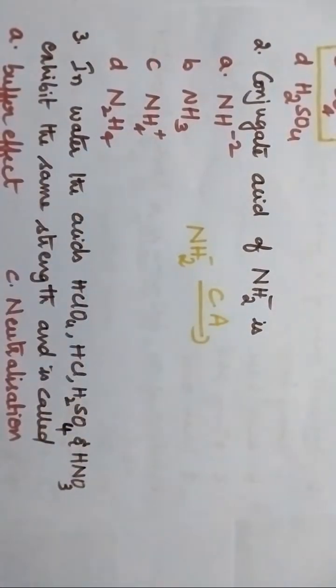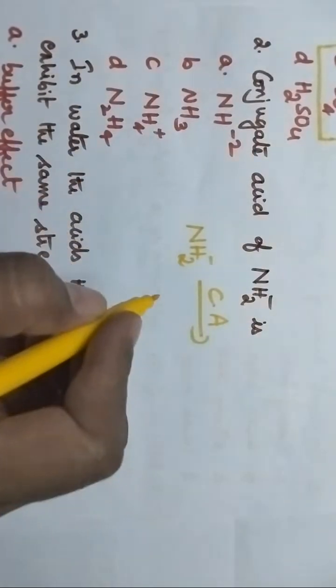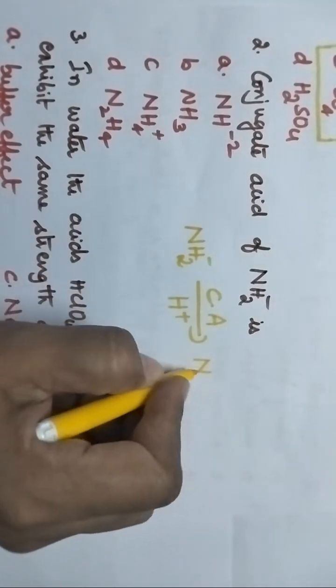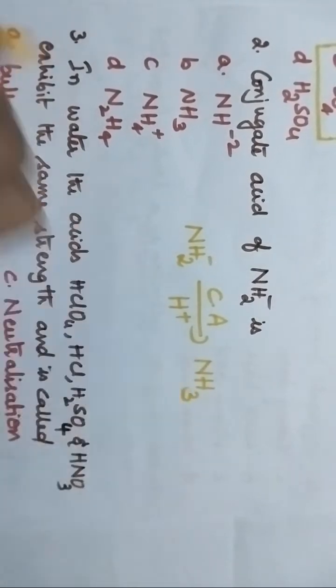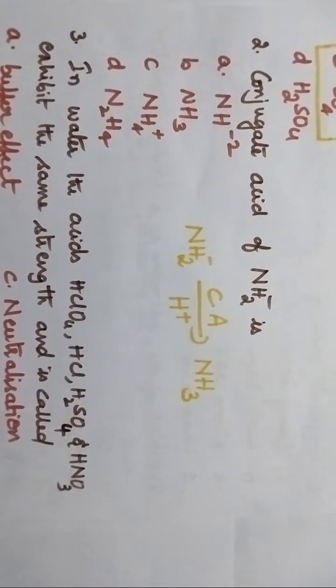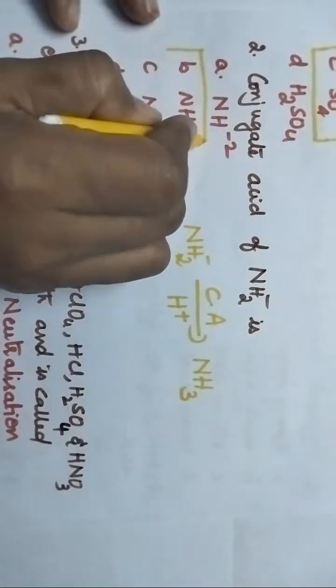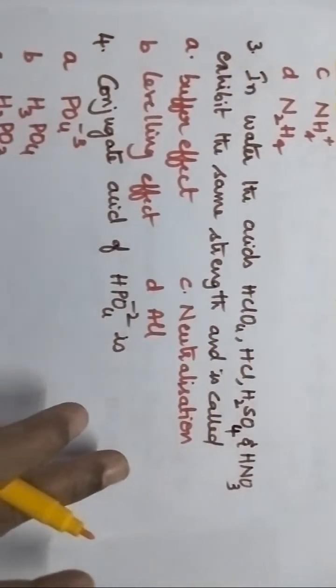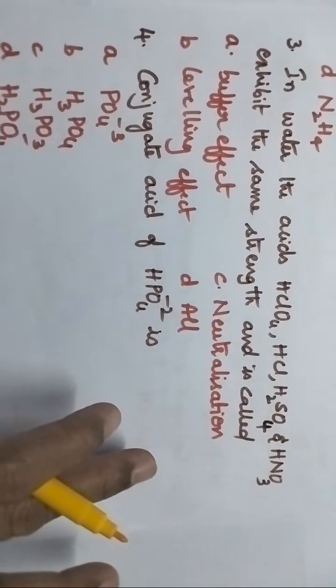Conjugate acid means you have to add a proton. Very good, Swati. Adding a proton, it becomes NH3. Option B is the right answer.